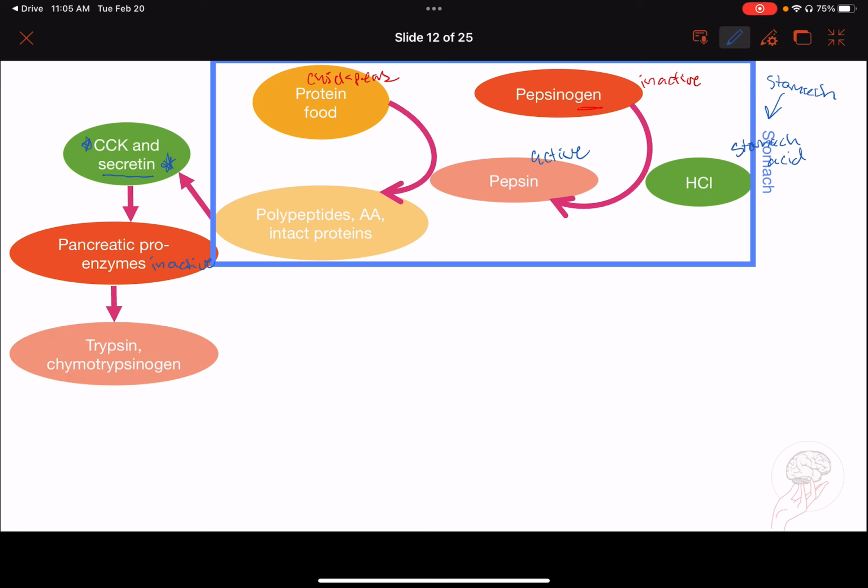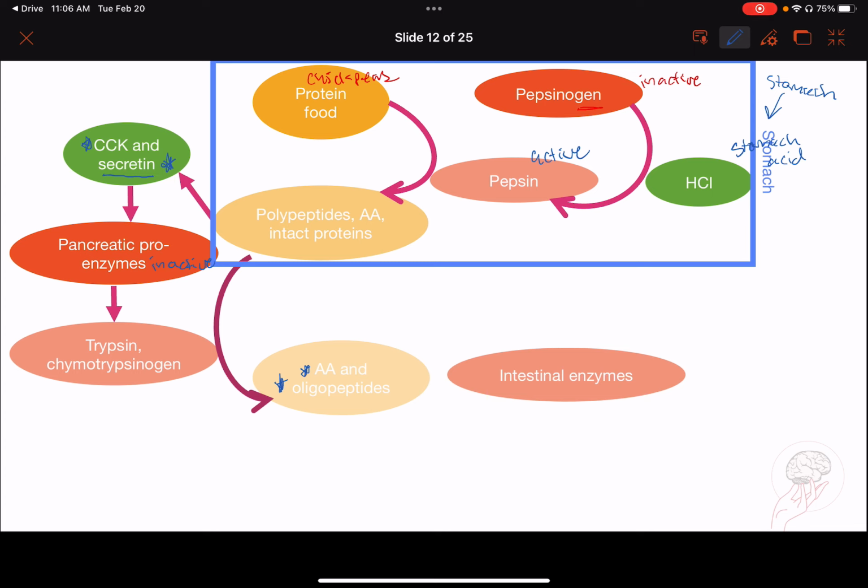And these are things like trypsin, chymotrypsinogen, and these will further break down the polypeptides and intact proteins into even more amino acids and oligopeptides. These will then interact with the brush border intestinal enzymes, and we get brush border absorption.